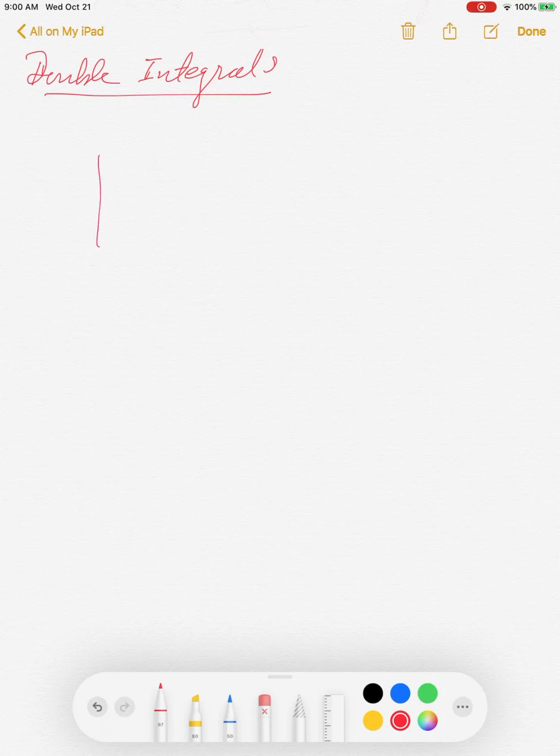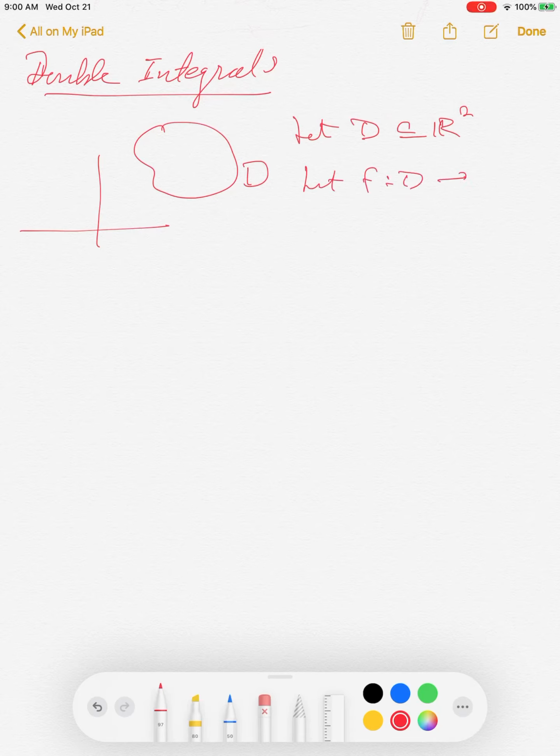The aim is the following. You are given a region D. So rather than omega, I will call it D now. So let D be a subset of R². Be a nice region. You don't want D with holes and things like that. So there is a meaning to the word domain.